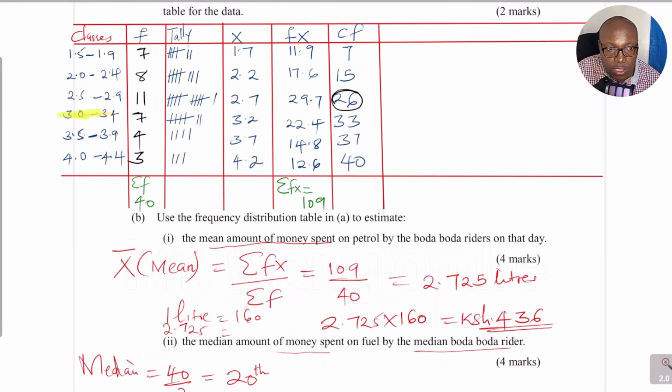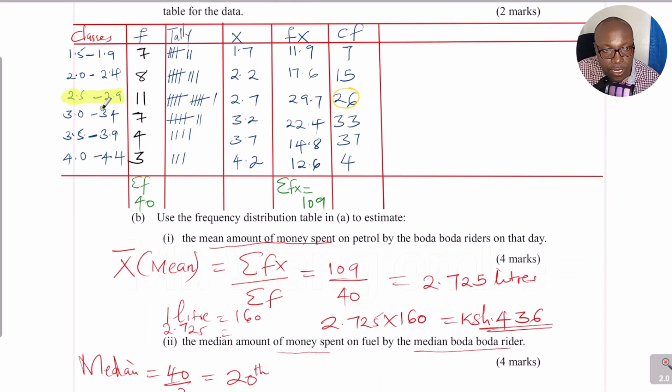Let me go back. So 26 is in this class. Need to be very keen. It is in this class. So this is the class 2.5 to 2.9. So the position of the median boda rider will help us get the median petrol that was used.